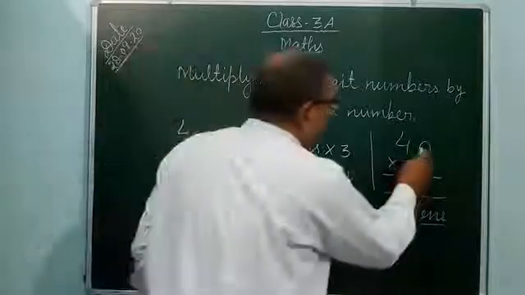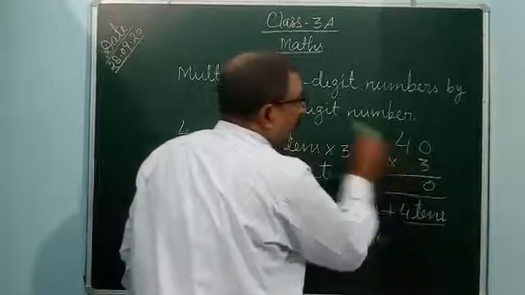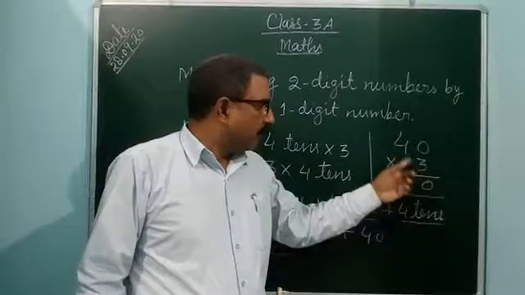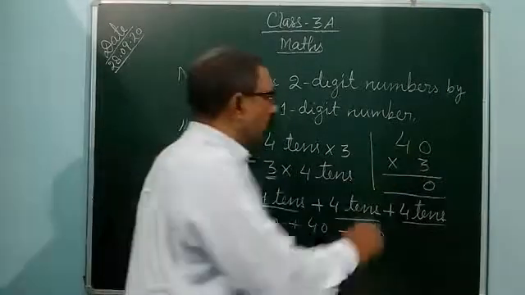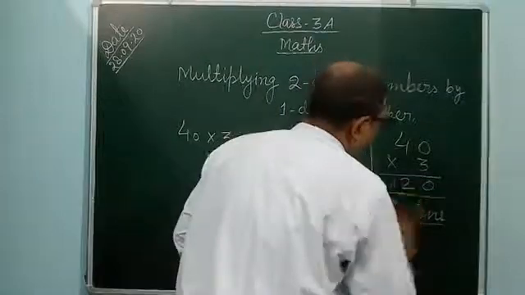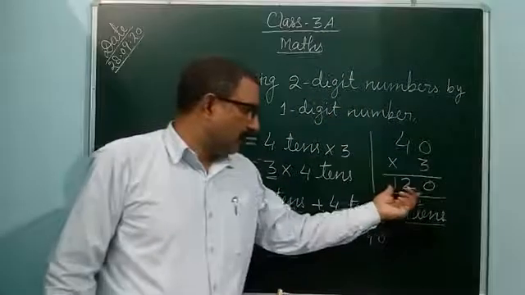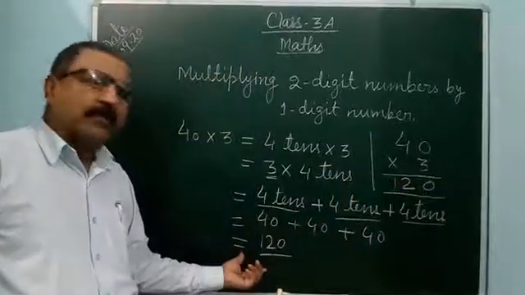So 3 into 0 is 0, and 3 multiplied by 4, you can count the table, 3 fours are 12. So 120. In this way also you can see 120.